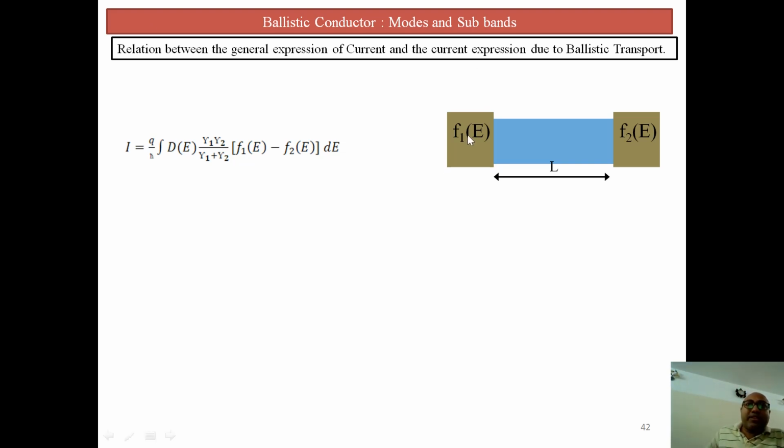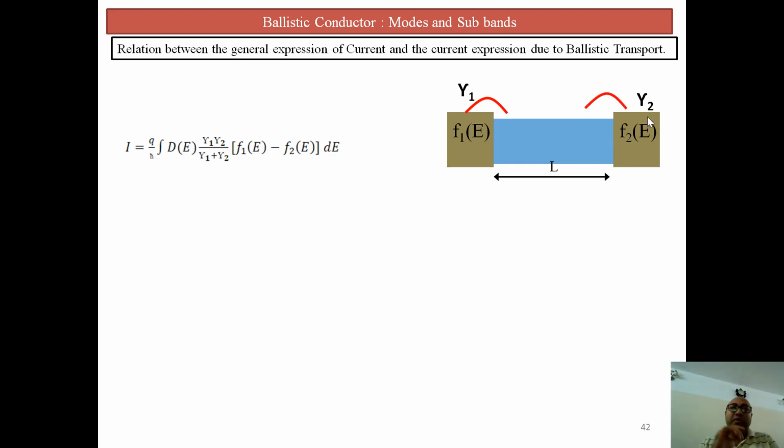You see, this is my F1 minus F2. So this is my ballistic conductor. And what are gamma 1, gamma 2? How fast my electron can get into my conductor is gamma 1, and how fast my electron gets out from the conductor is gamma 2.